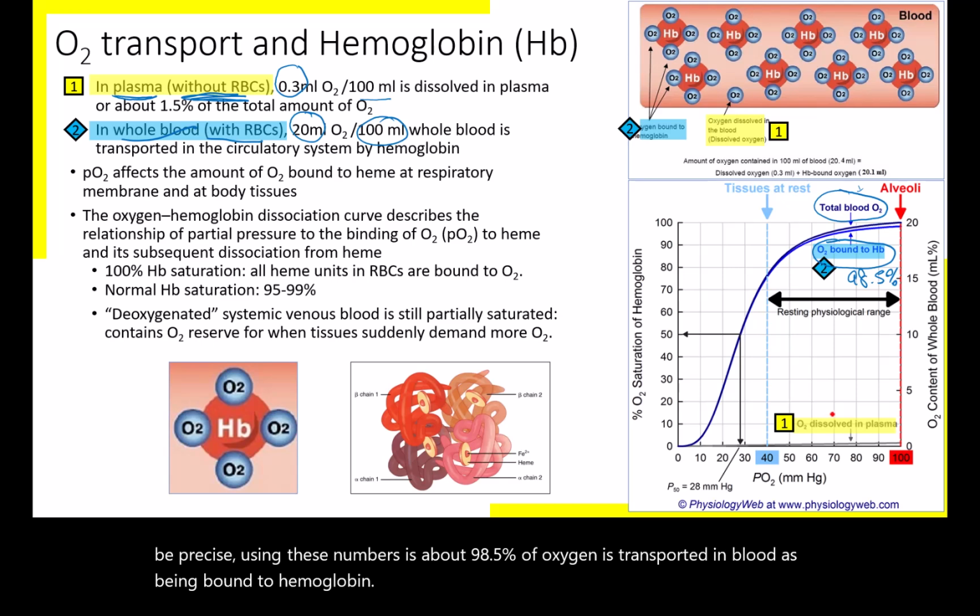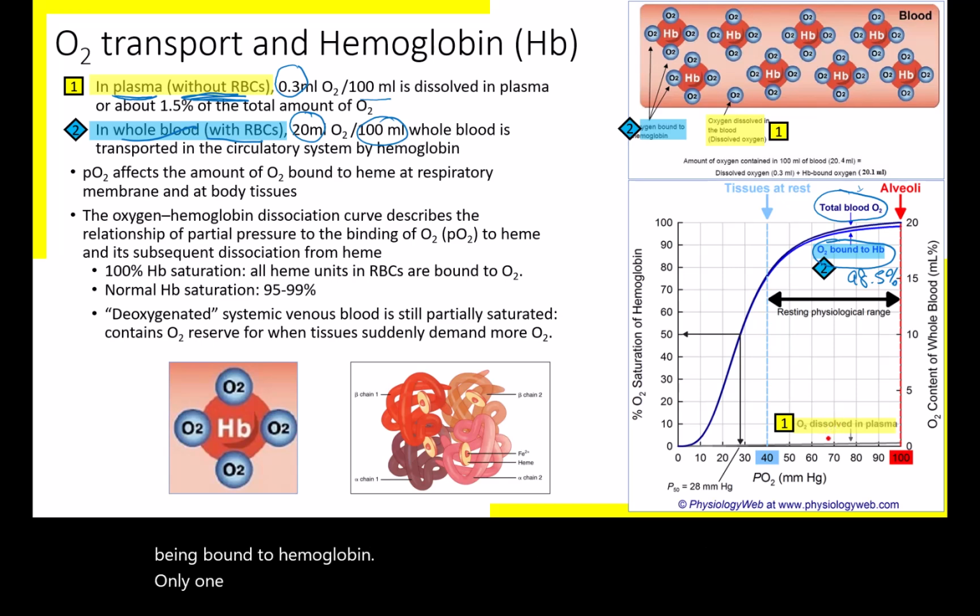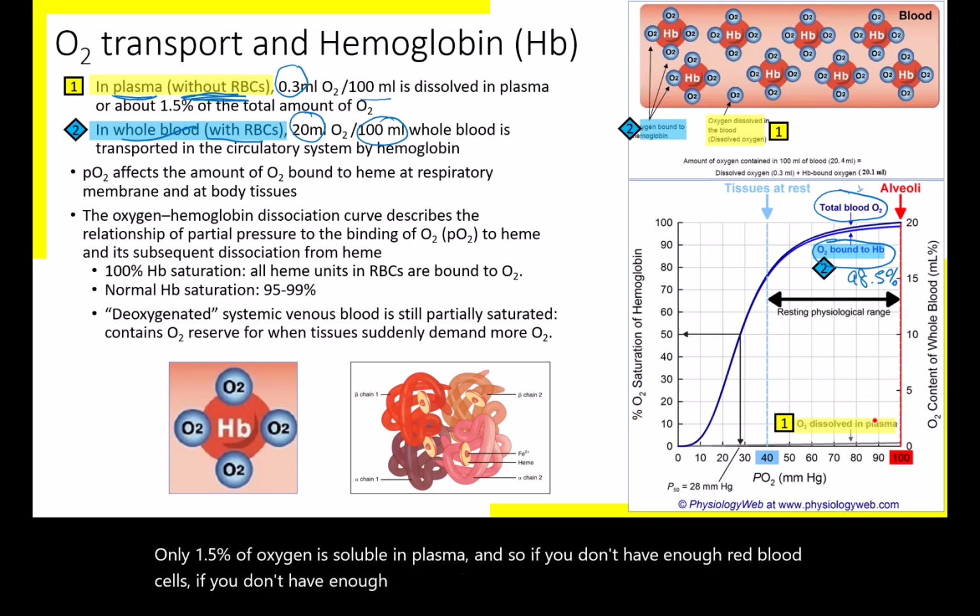Only 1.5% of oxygen is soluble in plasma, and so if you don't have enough red blood cells, if you don't have enough hemoglobin, then the ability for blood to transport oxygen decreases dramatically.